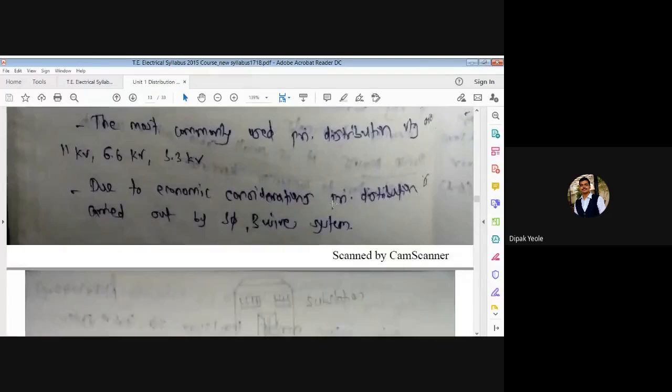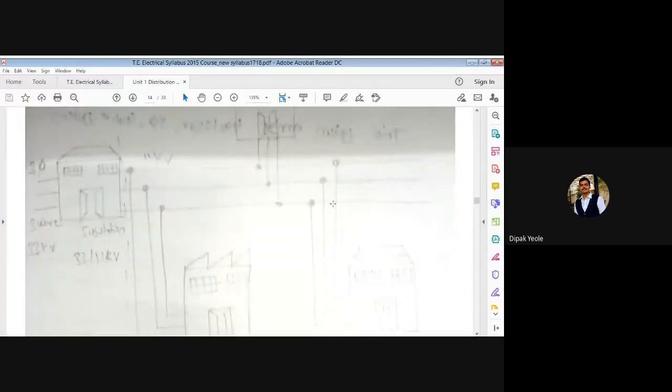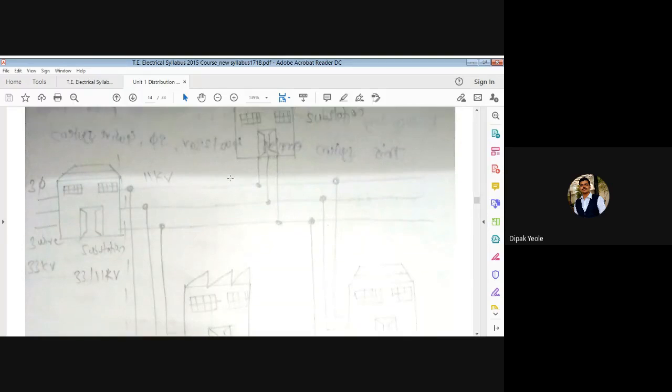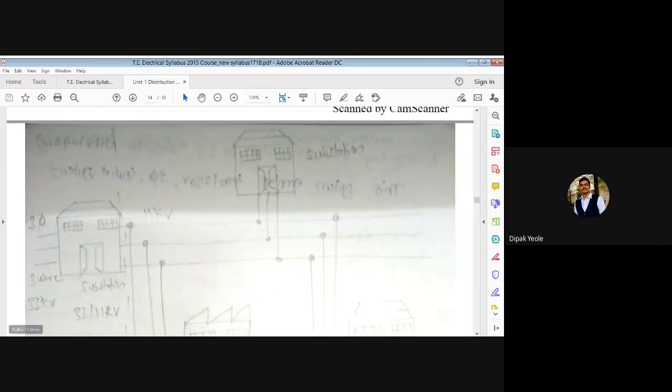We will see the primary distribution system. तुम्हाला मी डायग्राम दाखवली होती बघा, ही डायग्राम आता इथे क्लिअर नाहीये, पण ज्यावेळेस मी लेक्चर घेतलं होतं त्यावेळेस मी तुम्हाला डायग्राम दाखवली होती की प्रायमरी डिस्ट्रीब्युशन सिस्टीम मध्ये we are using a 3-phase 3-wire system which goes to the substation, and after going to the substation it will be converted into 33 by 11 kilovolt.